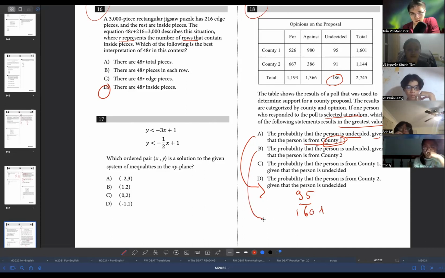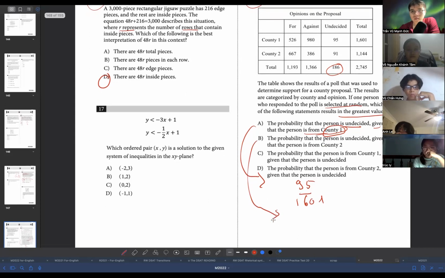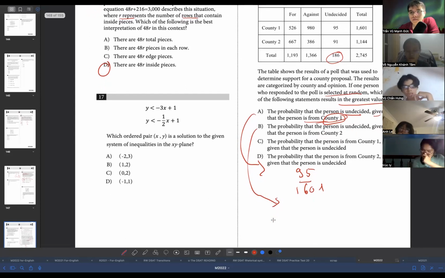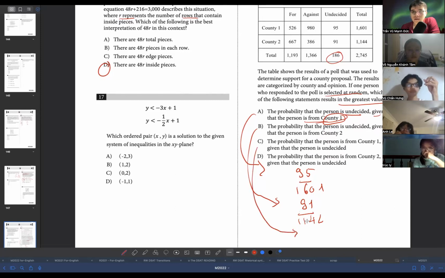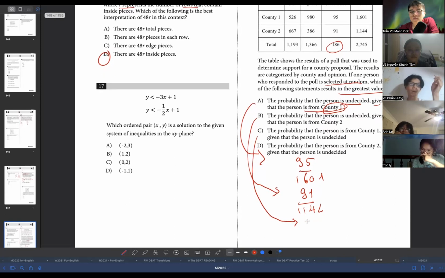And the same goes with B. B is 91 divided by 144. 144, exactly. And C, 35 divided by 186.